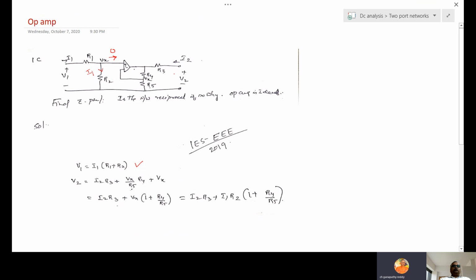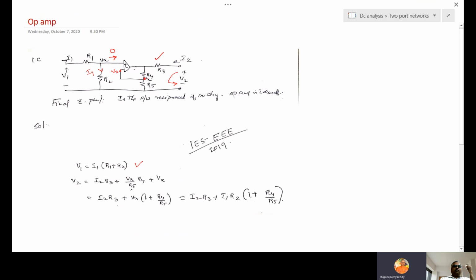Then this V2 is equal to I2 into R3 plus what is the voltage here, Vx. Vx we are assuming. If this is Vx, here is Vx. So due to virtual short, what is the voltage here also? Vx. So when I am writing the equation for V2, V2 is equal to I2 into R3 plus what is the voltage here?